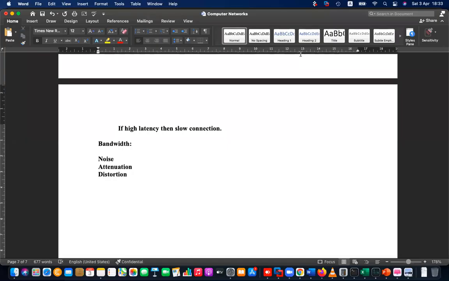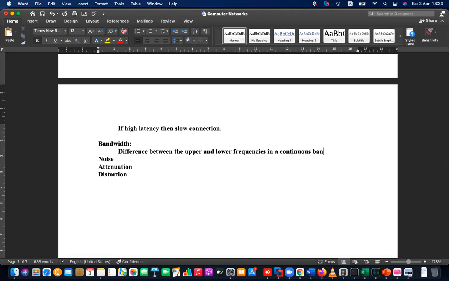Okay, write down the definition of bandwidth while measuring. Difference between the upper and lower frequencies in a continuous band of frequencies.